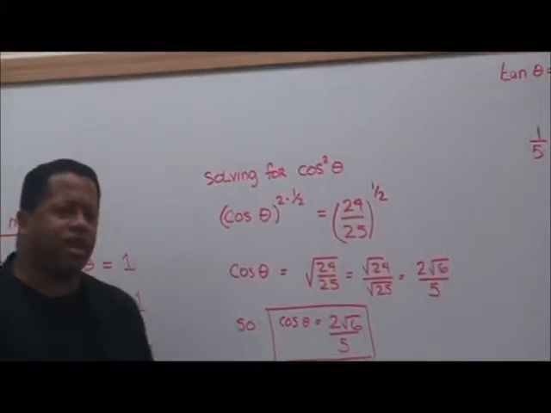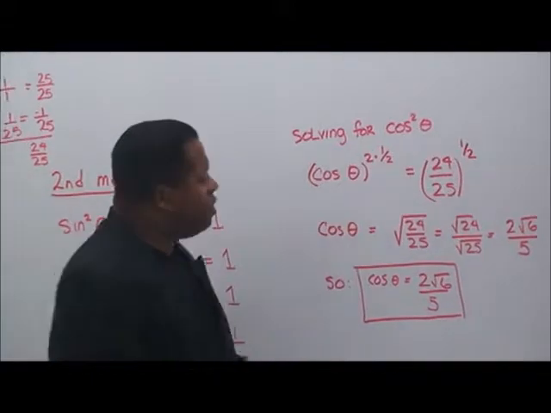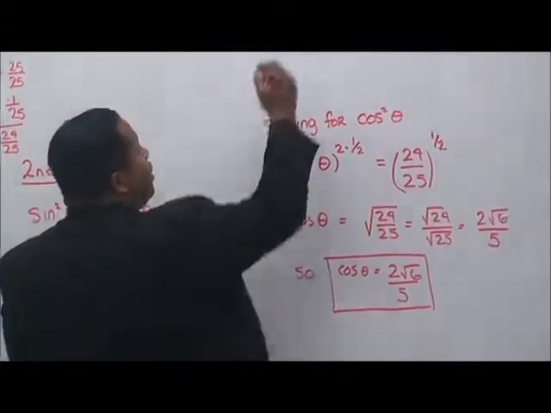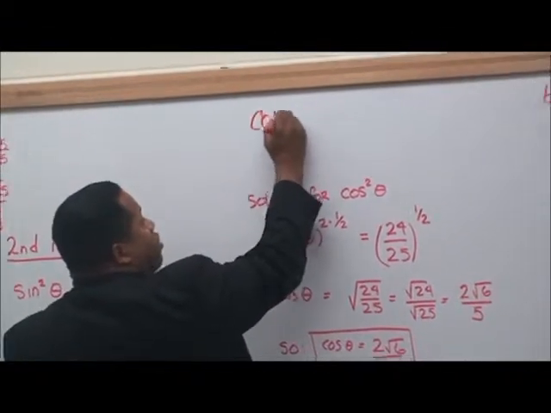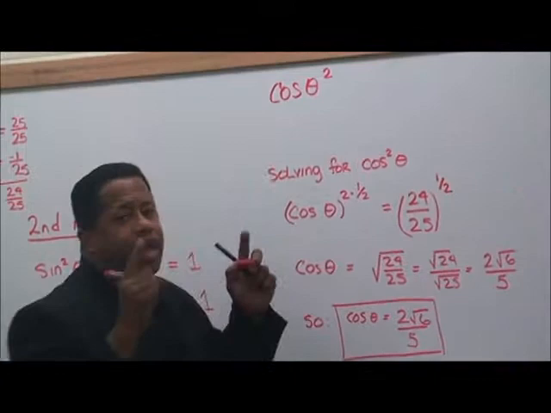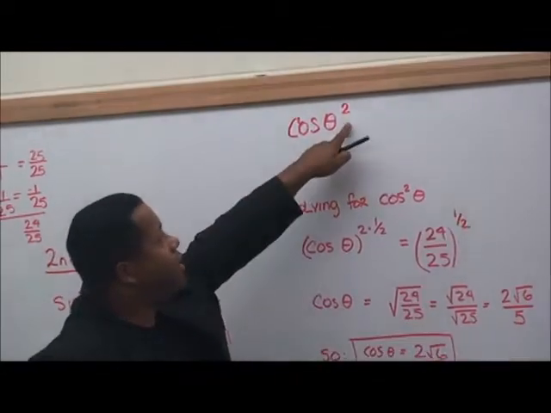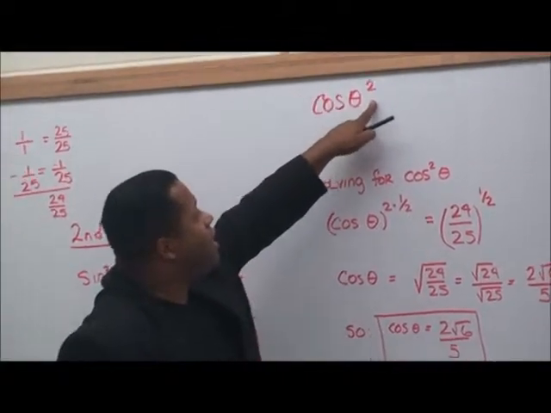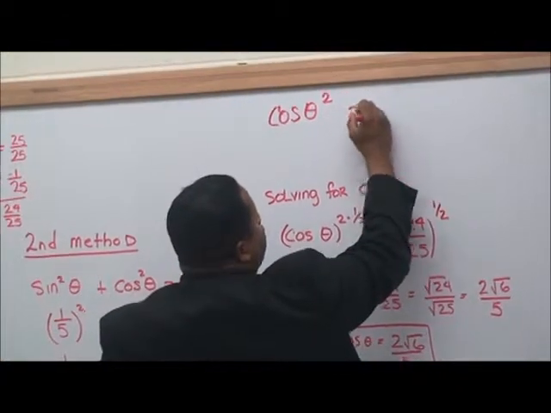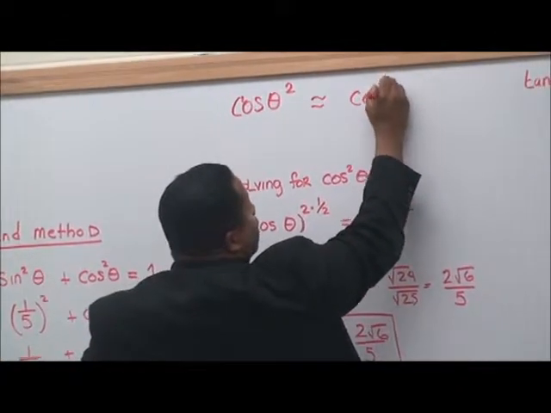Well, remember we said a couple of videos ago that cosine squared theta is written like this. It's understood to be this way. It's not necessarily written like this, but that's what it's actually saying. However, it's more appropriate to write it this way.